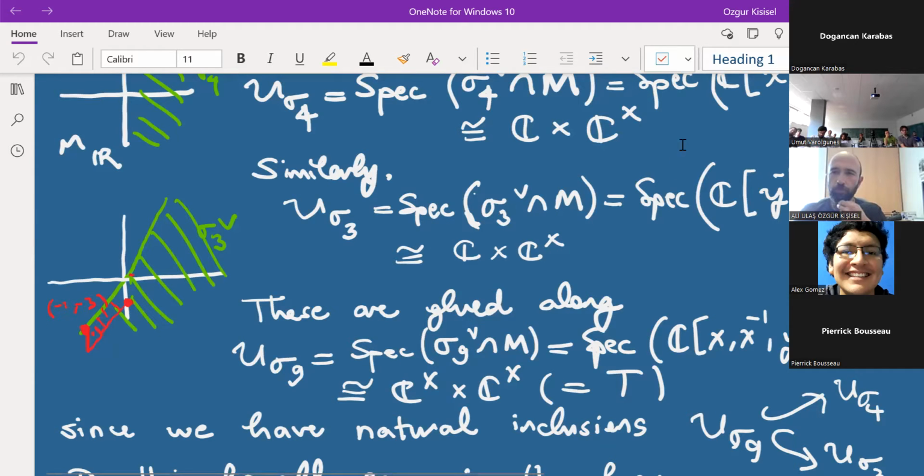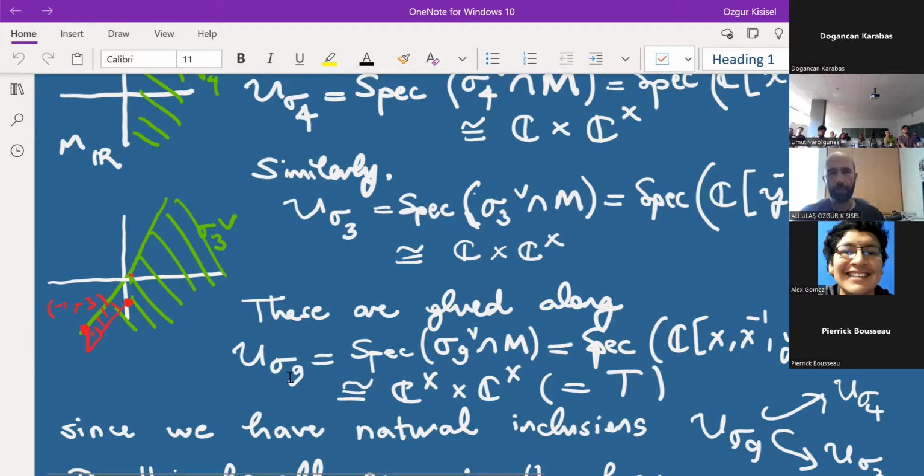So if you have the full M_R, then the integer points are M, and the monomials are generated by X inverse, Y, and Y inverse. Of course, the spectrum of this algebra is the full torus. So you have 2 copies of C cross C star glued over C star cross C star.